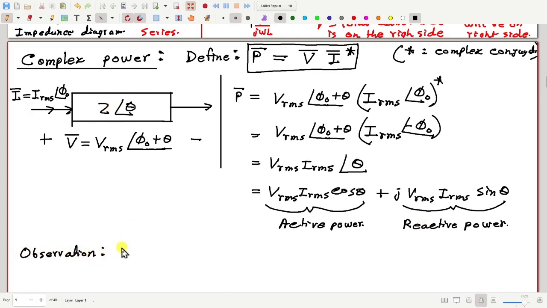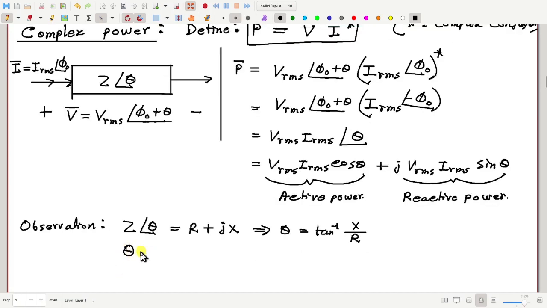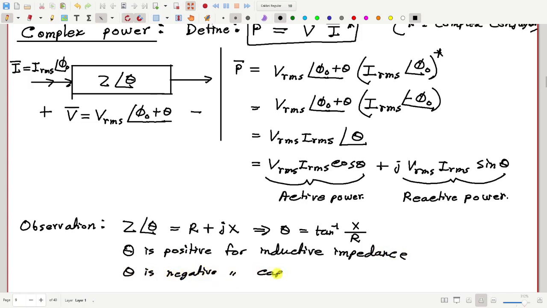Now one observation: suppose the impedance is Z angle theta, equal to R plus jX. Then theta is equal to tan inverse X by R. Theta will be positive when X is positive, that means for inductive impedance, and theta is negative for capacitive circuits.